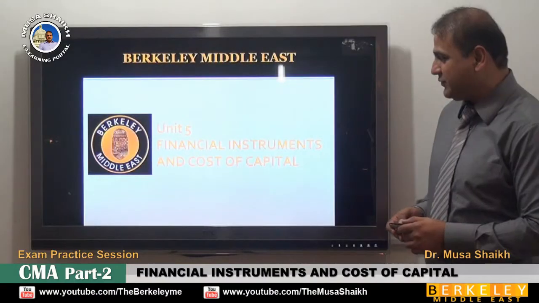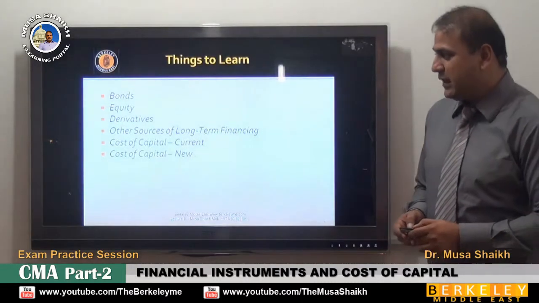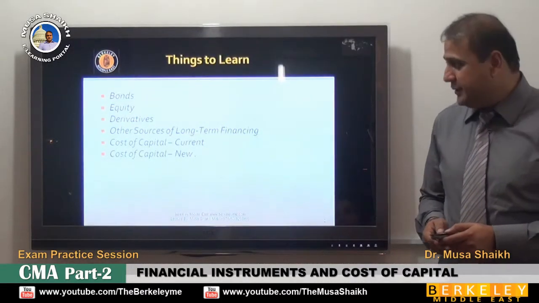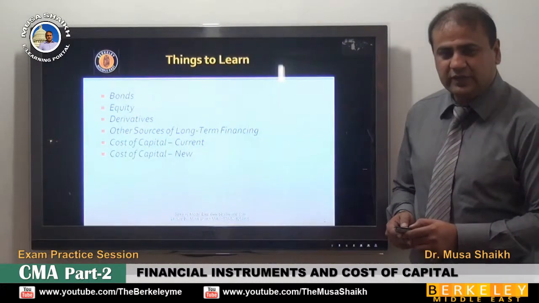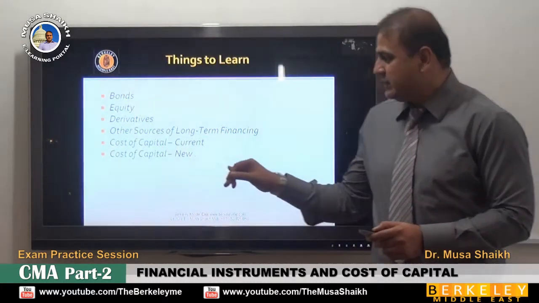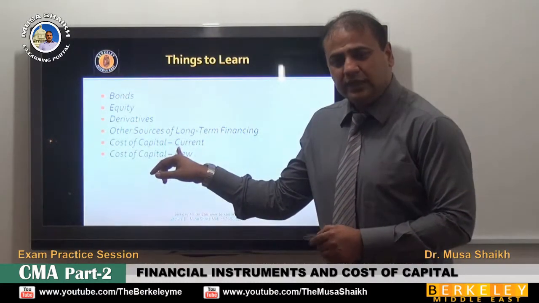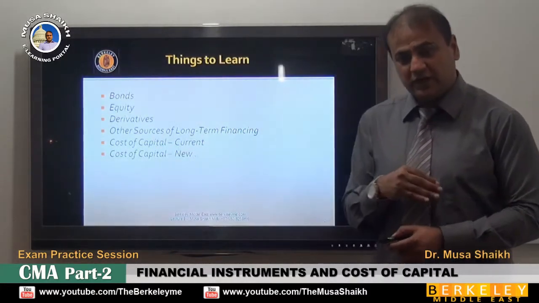This is Unit 5, Financial Instruments and Cost of Capital. There are some types of instruments like bonds, equity, derivatives. There are some other long-term financing modes. If we have existing equity and bonds, this is the cost of capital of current.